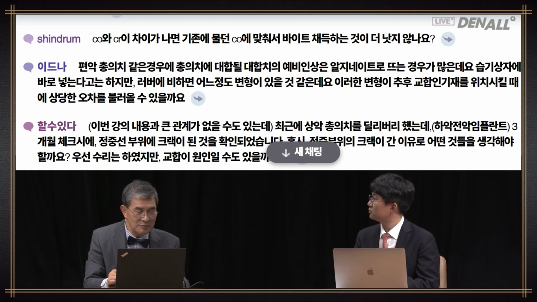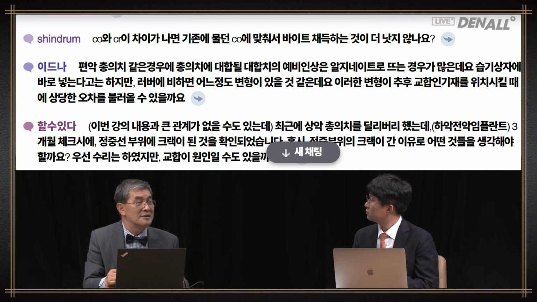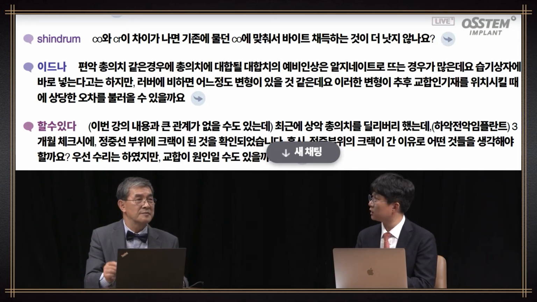Next, from Shindram, if CR is different from CO, isn't it better to take a bite based on the existing CO? It can be okay if the existing denture has been stable for a long time, but in many cases we change the vertical dimension. In the end, we need to find the position where the patient can bite comfortably.